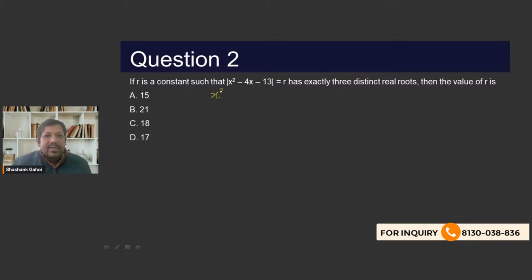One is going to be x square minus 4x minus 13, that is equal to plus r. Second is going to be minus r, right? So I can say that x square minus 4x is equal to 13 plus minus r. Okay, so I am making it a perfect square.